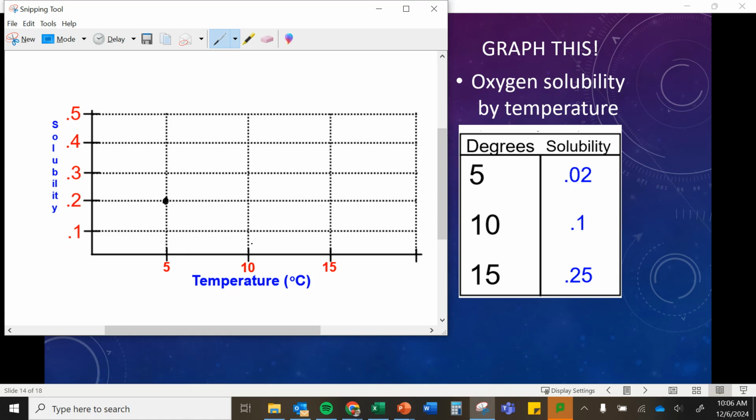At 10 degrees, 0.1. And at 15 degrees, we have 0.25. Oh, oops, I did that first one wrong. That's 0.02, not 0.2. So that's going to be even smaller than 0.1. So that's going to be way down here. Okay, and then we can connect these lines.